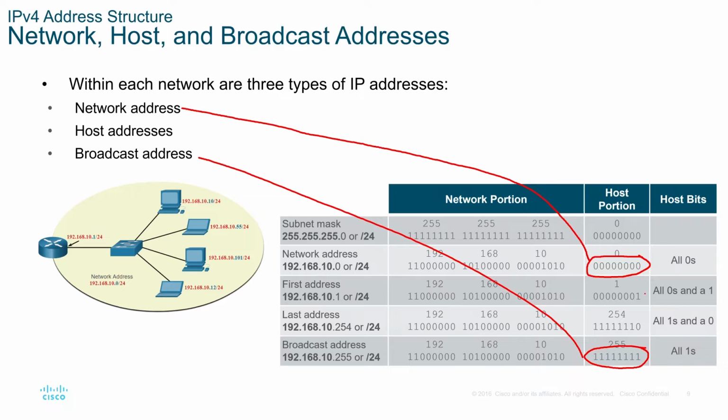And between those two ranges, 0, 0, 0, 0, 0, 0, 0, 1 to 1, 1, 1, 1, 1, 1, 1, 0, these are the range of host addresses that we could assign to host computers, printers, or other devices.